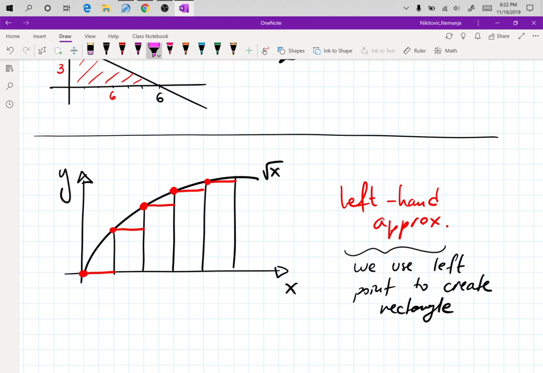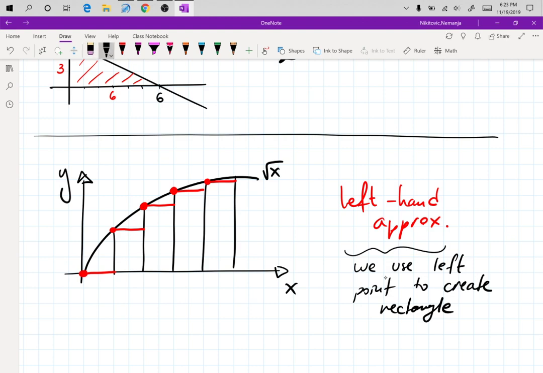Everything that I color in this pink is error. So your approximated area here is less than the actual area because all of this pink colored area is error. But you know what? It's better than nothing. So you will just live with that.